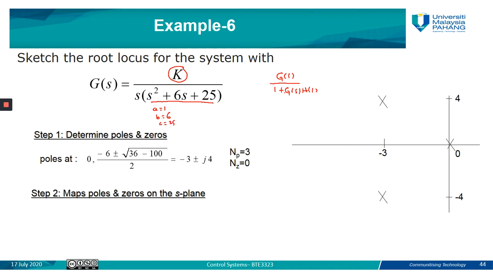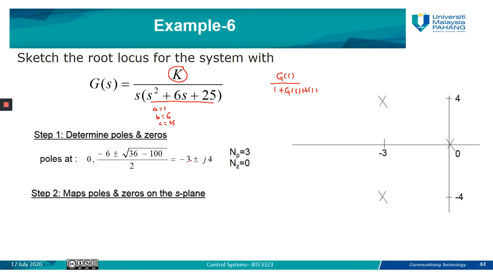So negative b, that means negative 6, plus or minus the square root of b square, which is 36, minus 4ac, that means 4 times 1 times 25, so it will be 100, over 2a. a is equal to 1, so it will be 2.